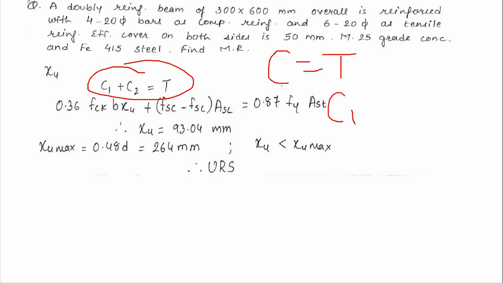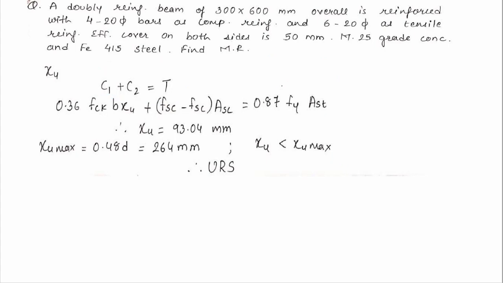C1 will correspond to our singly section and C2 will correspond to our auxiliary section. So here C will be C1 plus C2 and T will be just T. Why? Because AST1 and AST2 are both falling in the tension zone. So the number of steel bars is given directly in the question as 6 number of 20. It is not bifurcated here, so we will consider it to be AST.